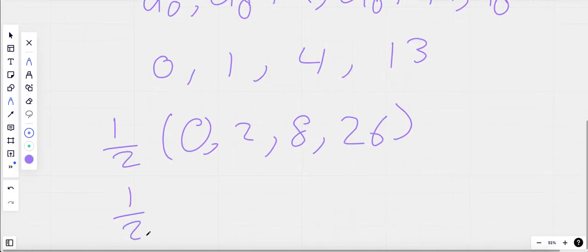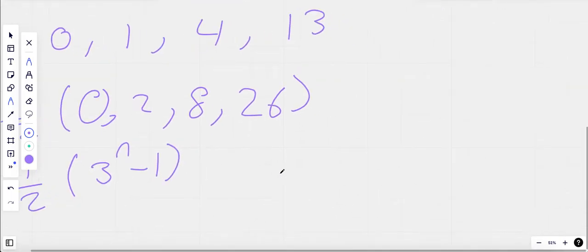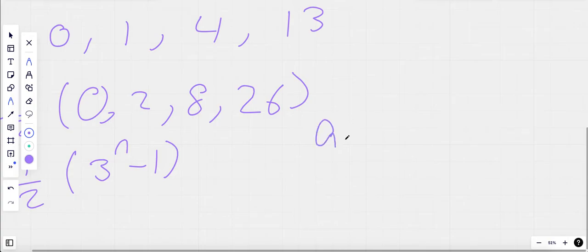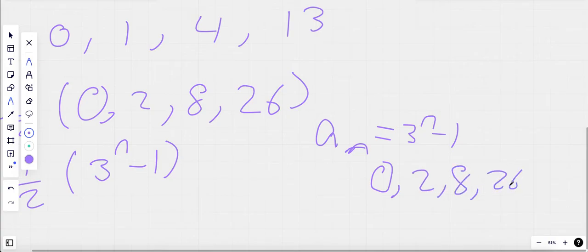And this is 3 to the n minus 1, because the terms of 3 to the n minus 1 would be 0, 2, 8, 26, and so on.